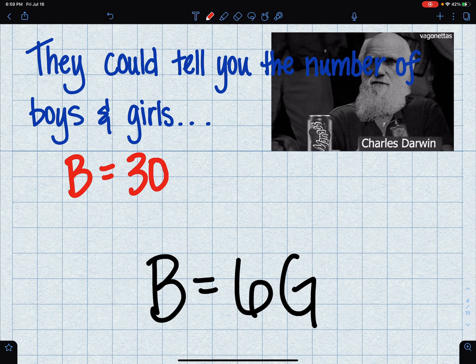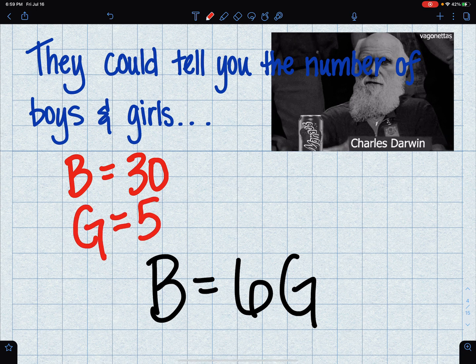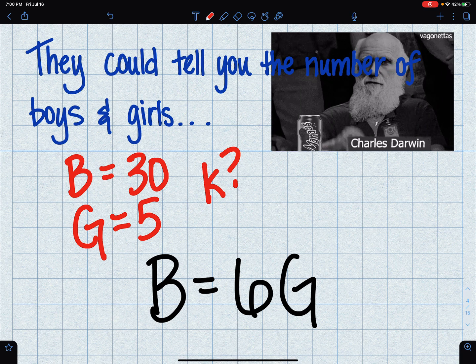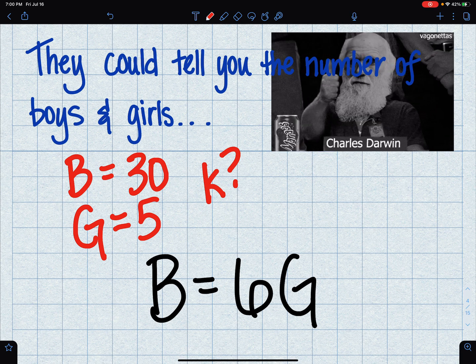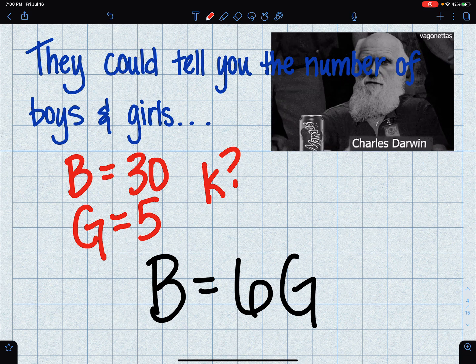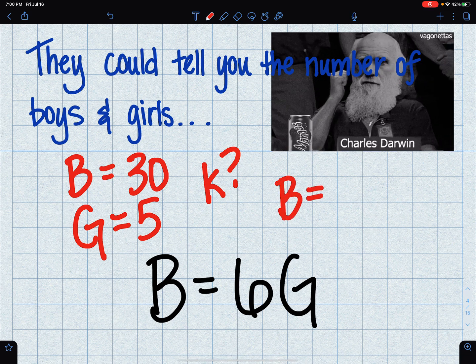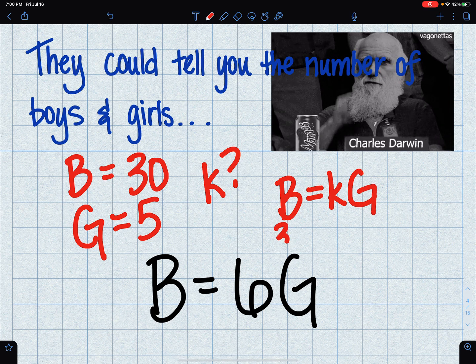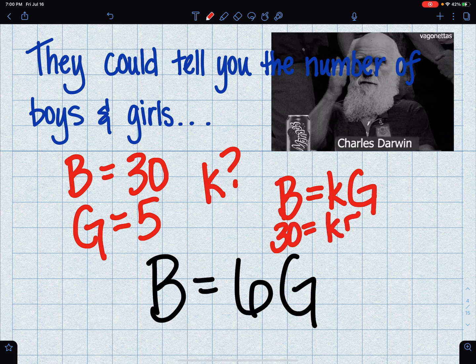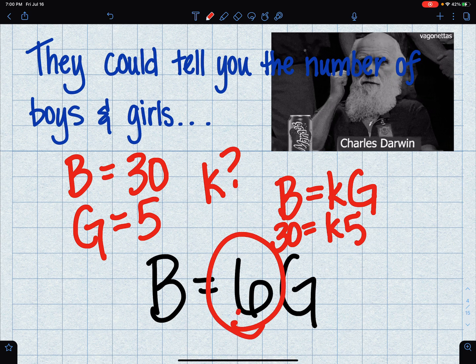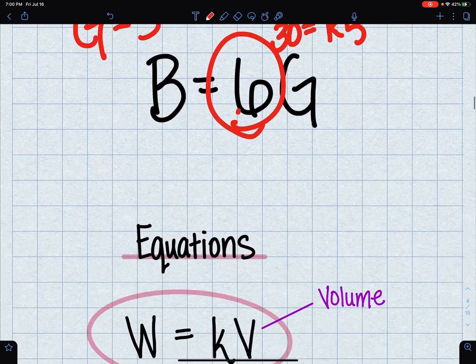The number of girls is 5. What's the constant of proportionality? If they tell you that it's directly related or it's the same in every classroom, we know there's more boys than girls, so boys is going to be equal to K times G, and then you plug in those numbers. 30 is equal to K times 5, and 30 divided by 5 is 6, and so that's why 6 is written here. Okay, so step 1, solve for K.